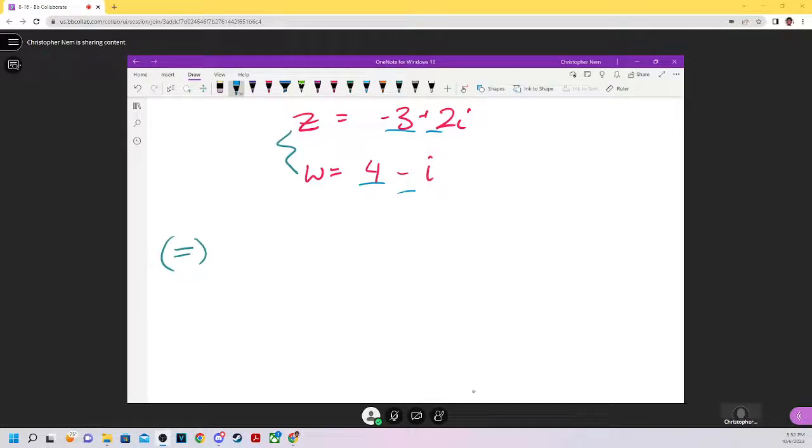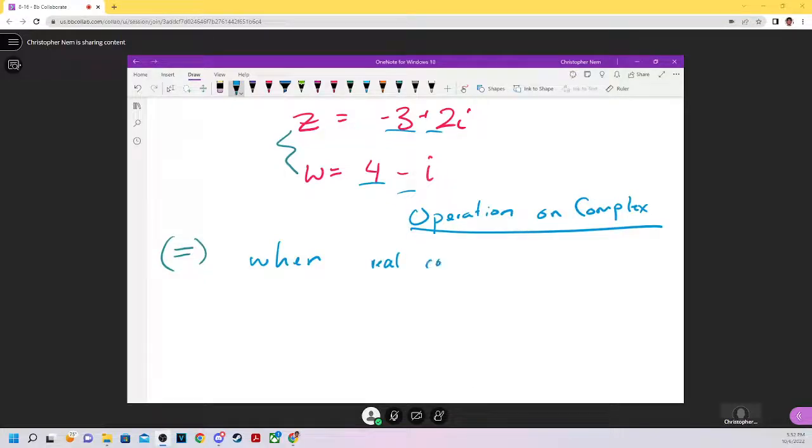So for the operation of equality on complex numbers, they are equal when the real components are equal and the imaginary components are equal.